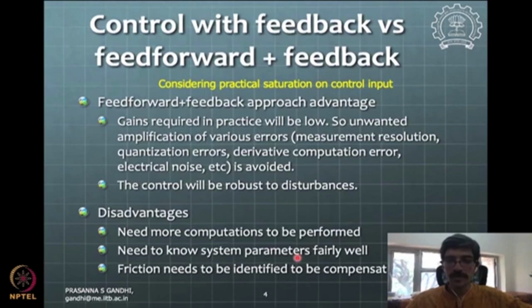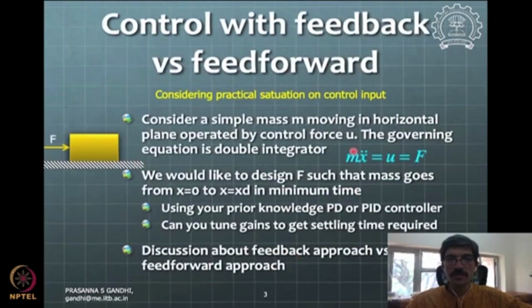For example, if the mass is not very well known, and there is some delta error in the mass, so m plus delta m, then the delta m error will be treated by the feedback control. Feed forward will take care of the actual m, but the error delta m will be handled by the feedback terms in the control.